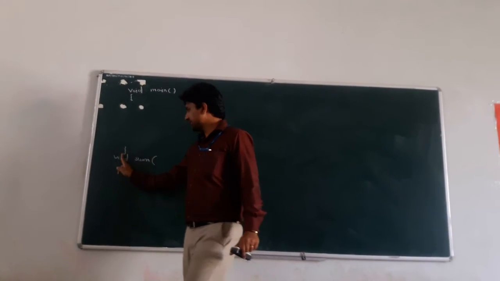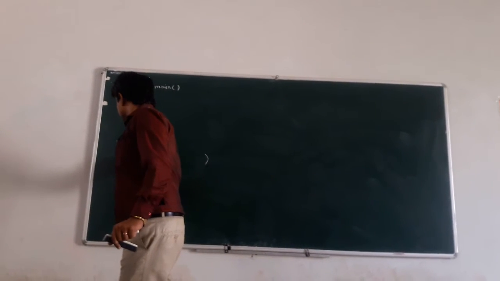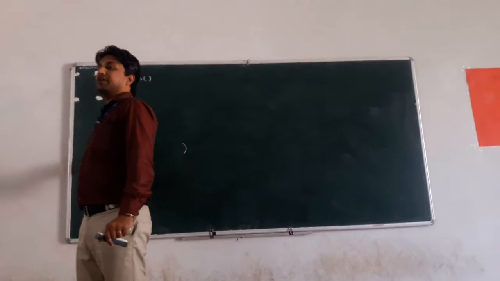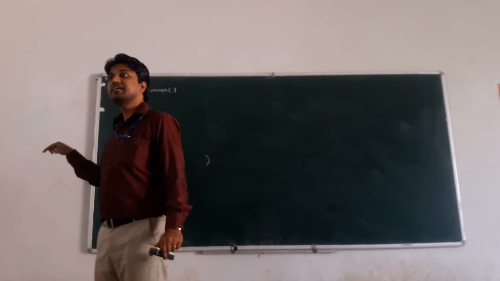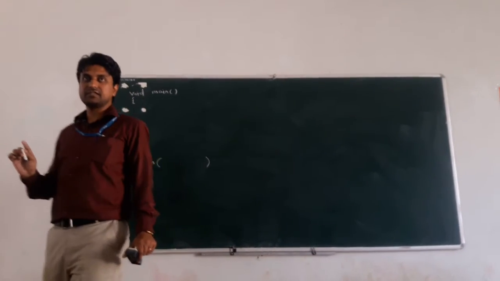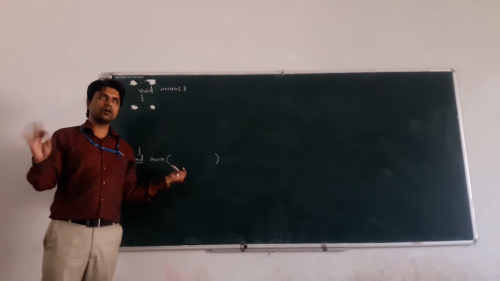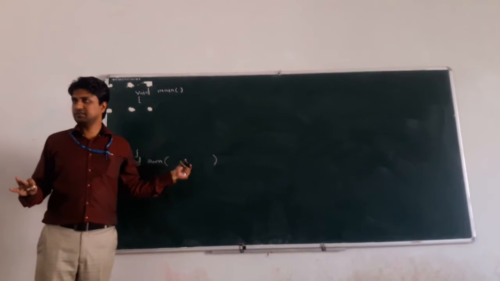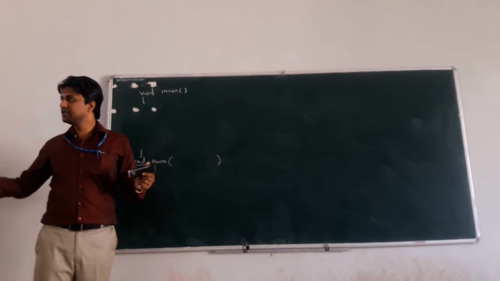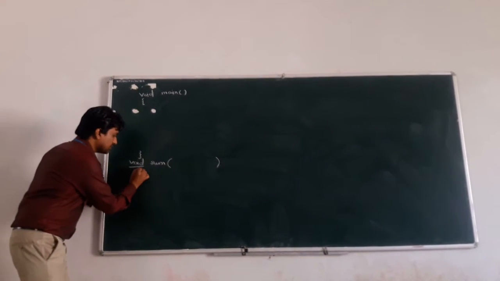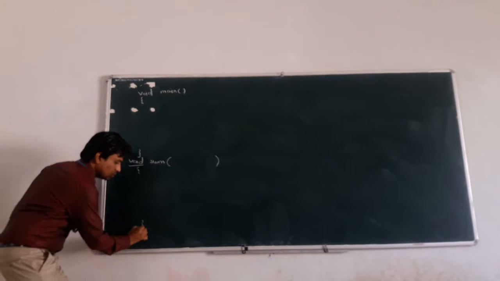Clear? But it is compulsory: if a function does not return anything, you must write void. Otherwise, it is treated as int, an integer return type. But there is no argument list. Don't write anything, or you can write void. There is no argument list. Clear? So as per the discussion, you write the code.